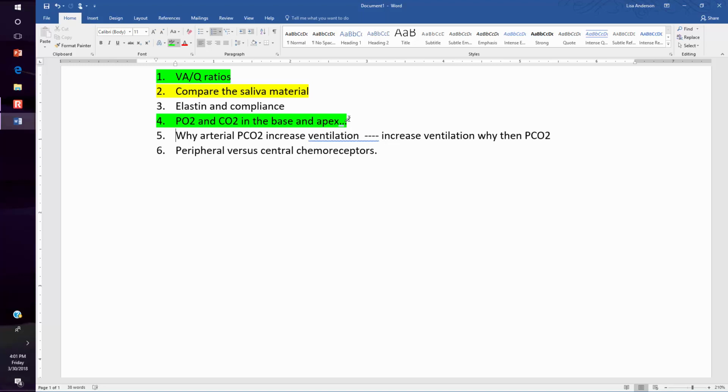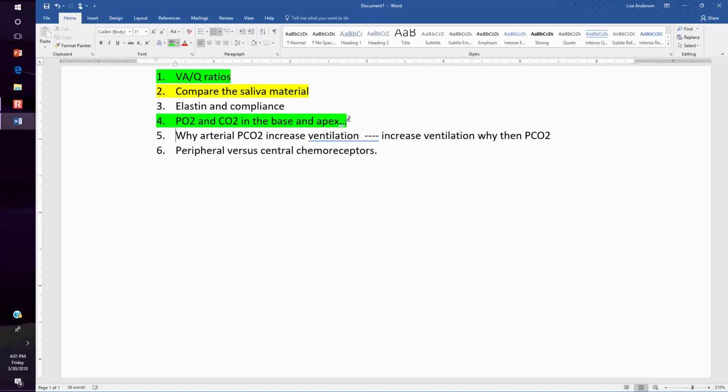So the apex is somewhere in between dead space and perfect. Now what the heck is dead space? Dead space is ventilation without blood. So the air looks like what's outside. It's high in oxygen and hardly has any CO2 in it. So then you take that air and you put it in the top of the lungs and just expose it to a little bit of blood.